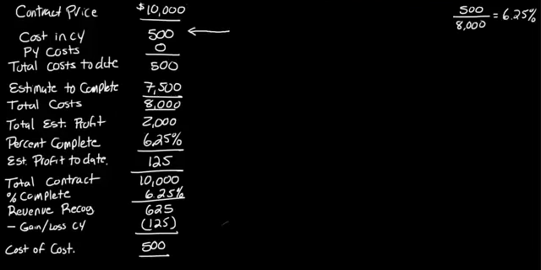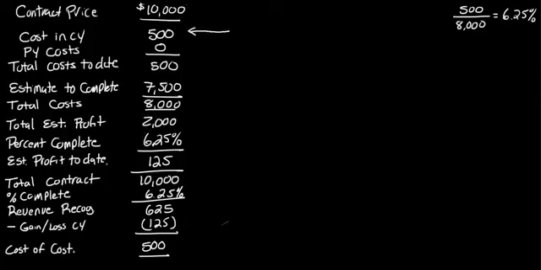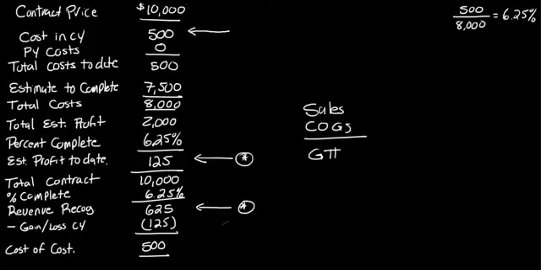Let's look at those. Our next one then is going to be our very last journal entry, and I call this the money entry because this is the journal entry that is the biggest one and the most complicated. And what we're going to look at is right here and right here. And these are the two pieces. The one thing about percentage of completion method is that if you think about all other transactions, we always have sales and cost of goods sold are the two transactions we have, and then gross profit is a subtotal.